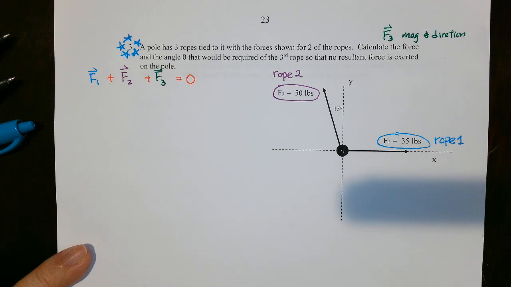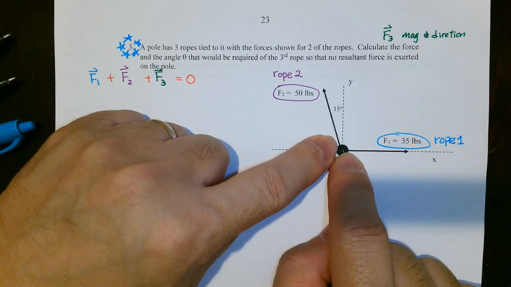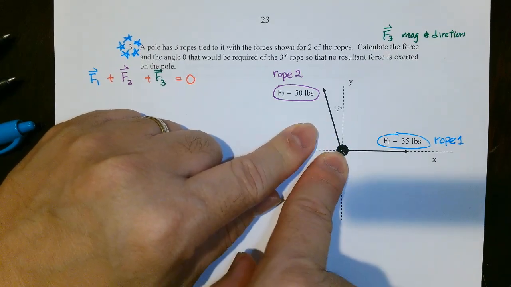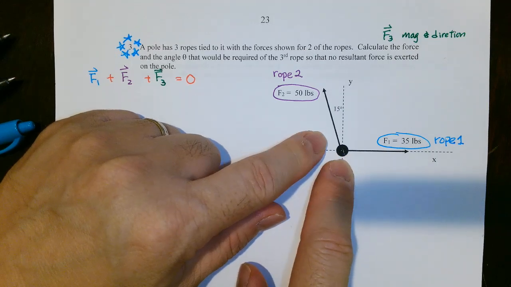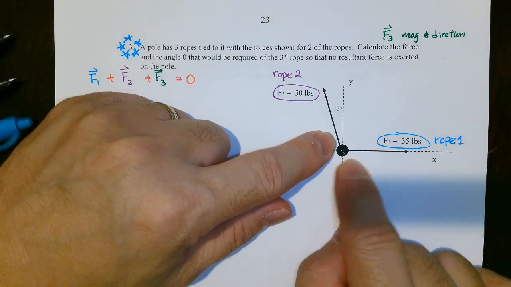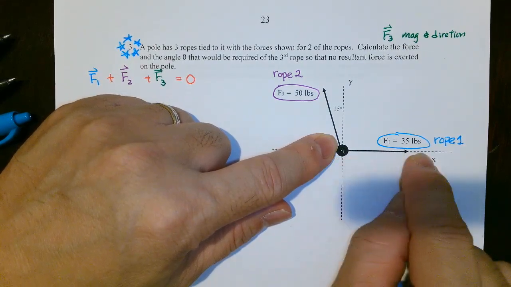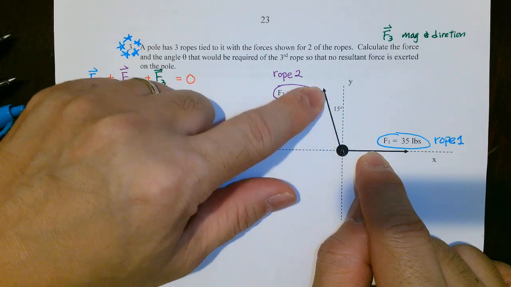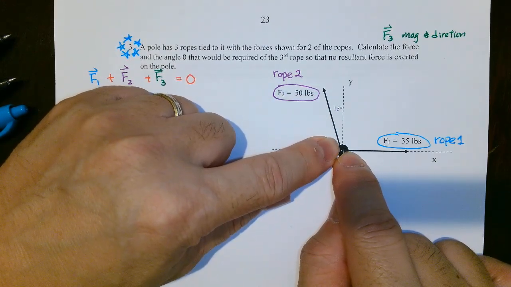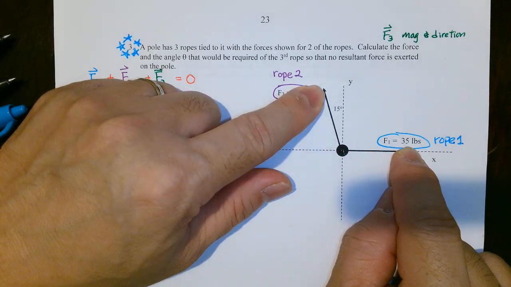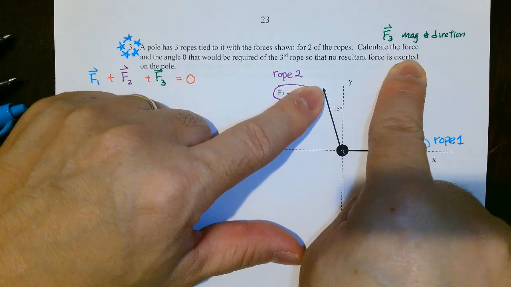But just to get the concept going correctly, let's say instead of a pole, this is like a rock on a sheet of ice. If I pulled this rock this way with 35 pounds, and if I pulled this way at 50 pounds, simultaneously, it's going to behave as though only one force is pulling that way.